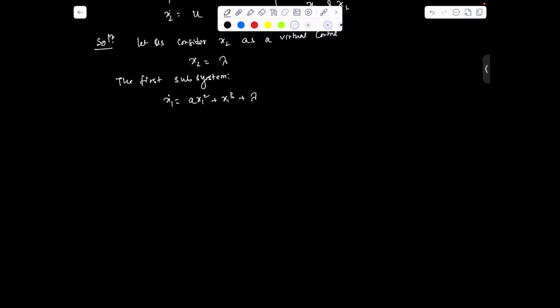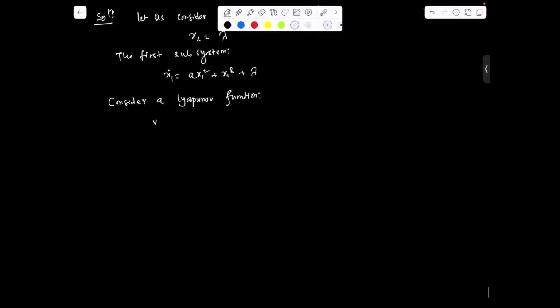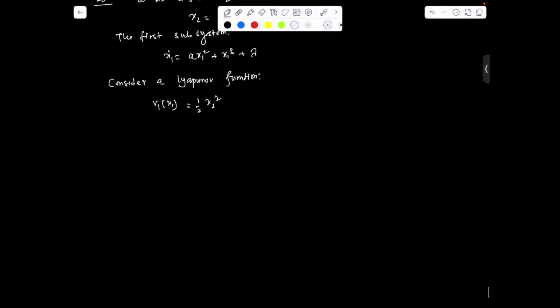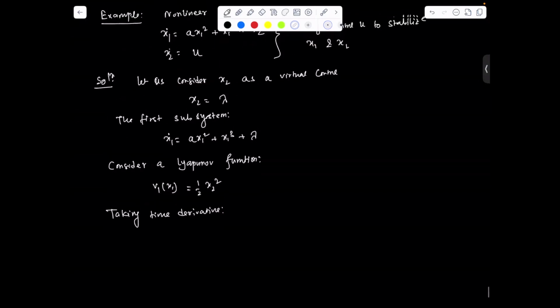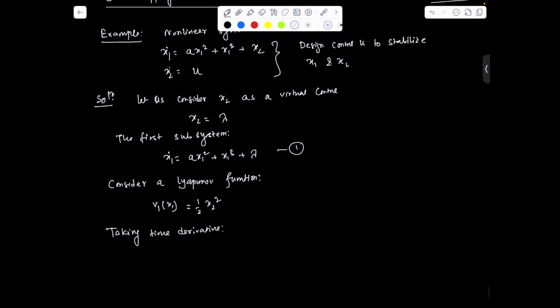So consider a Lyapunov function V1(x1) equal to half x1 square. Let us define this as equation number 1.